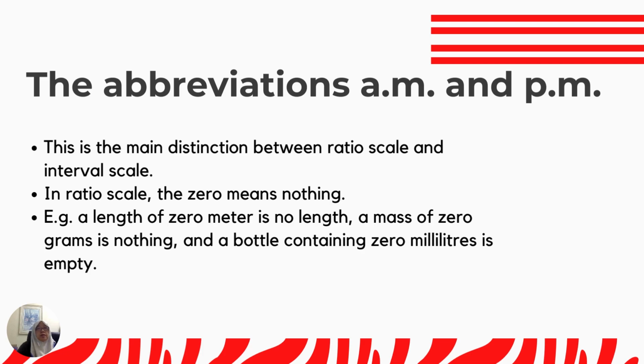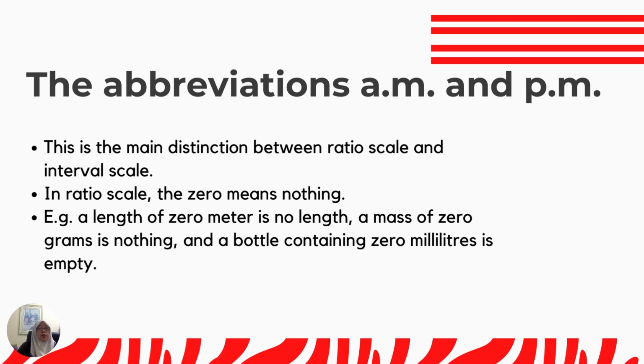Okay, this is the main distinction between a ratio scale and an interval scale. You need to know what a ratio scale is and what an interval scale is. In a ratio scale, the zero means nothing. For example, a length of 0 meters is no length, because when you say 0 meters, that means you're not actually measuring anything.